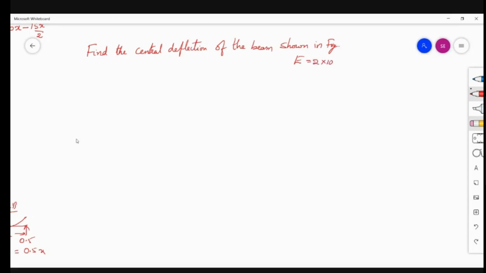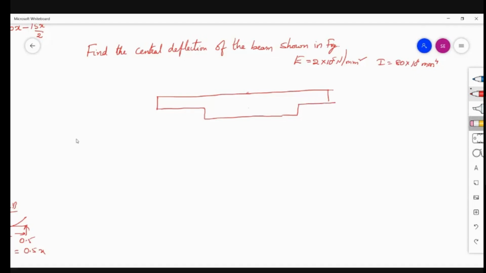E is equal to 2 into 10 power 5 Newton per mm square. I is equal to 80 into 10 power 6 mm power 4. So this is the problem.